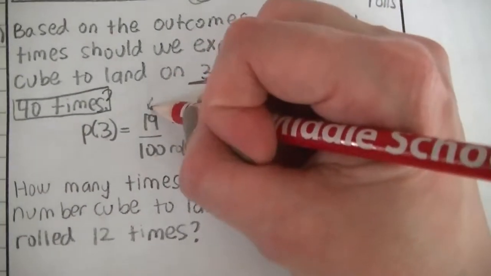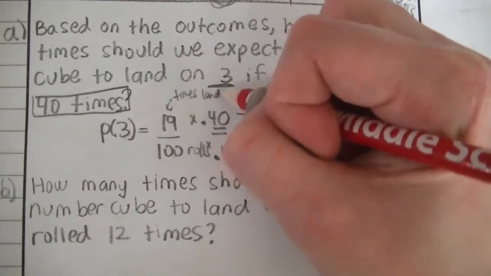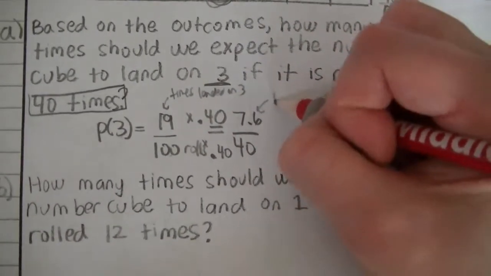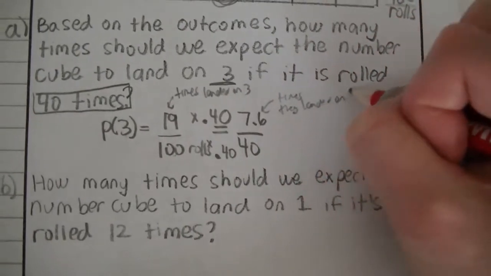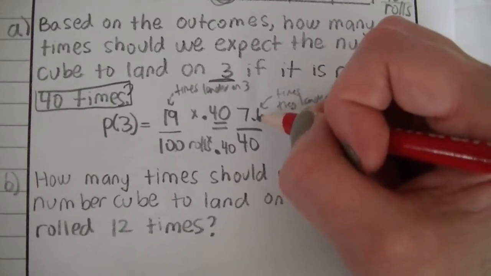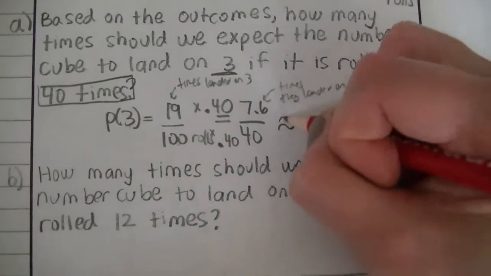So this is how many times they landed on 3 if they rolled it 100 times. This is how many times they landed on 3 if they rolled it 40 times. Since you can't land on 7.6 of a time, this would be approximately 8 times.